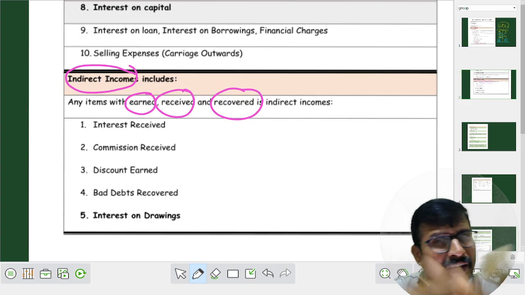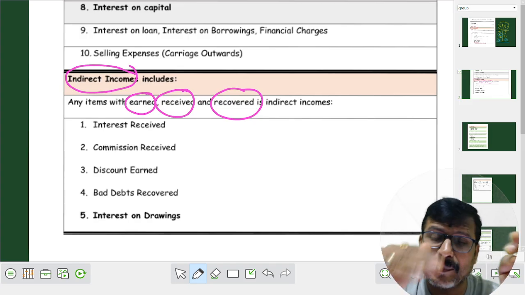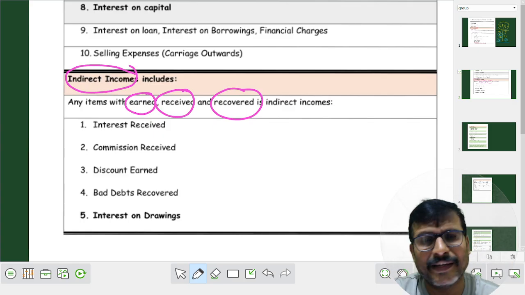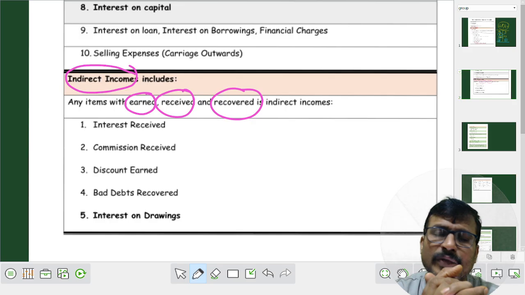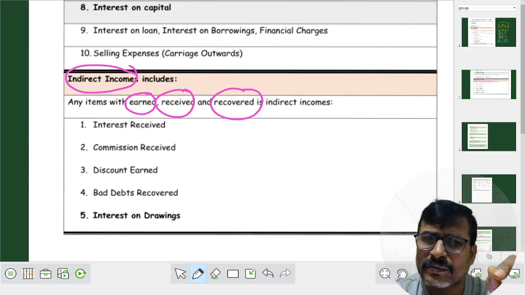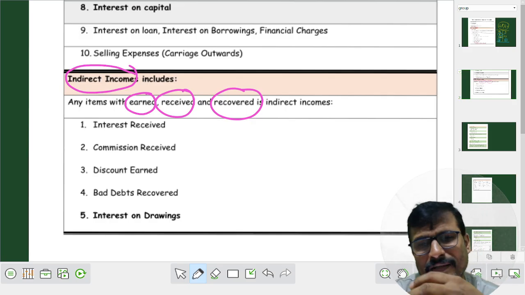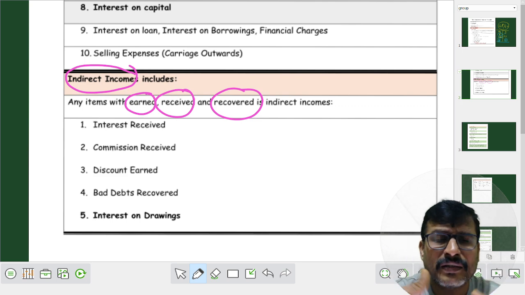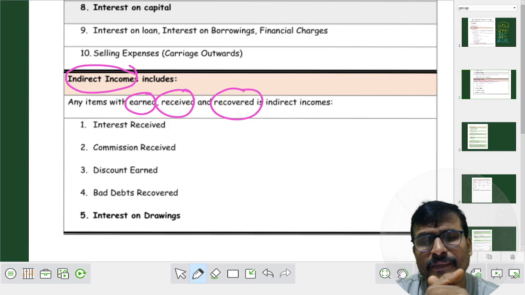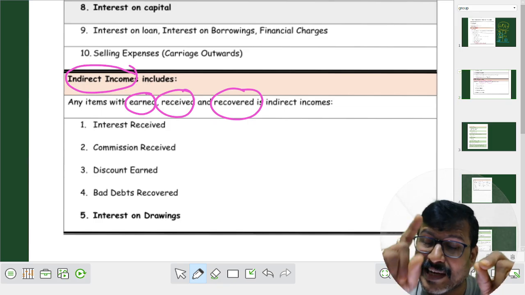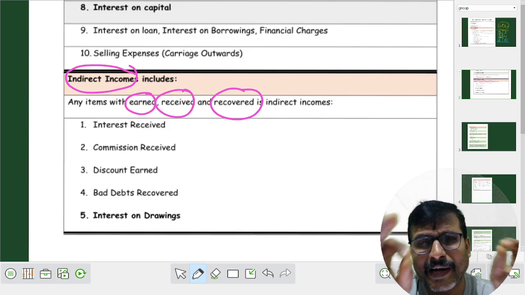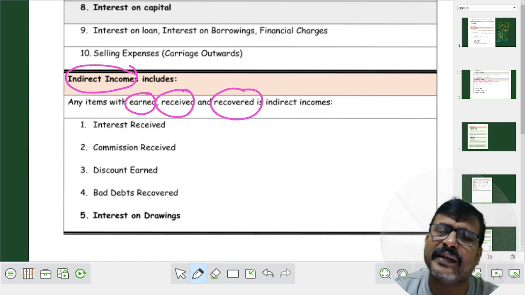Commission, indirect expense. Commission earned, indirect income. Okay. Discount allowed, indirect expense. Discount earned, indirect income. Bad debts is an indirect expense. Bad debts recovered is an indirect income.